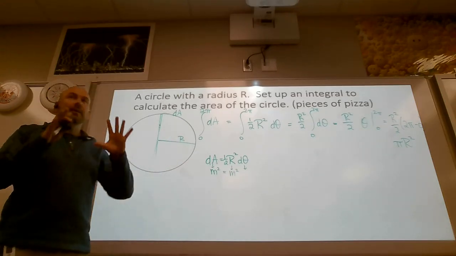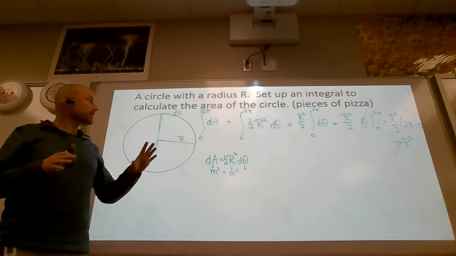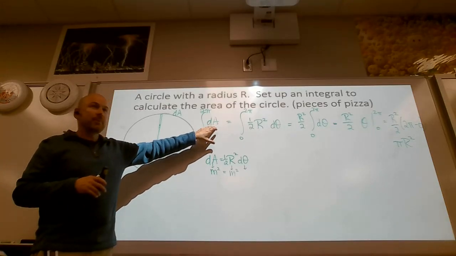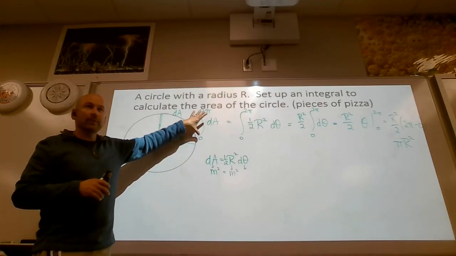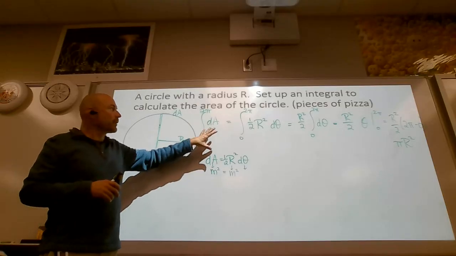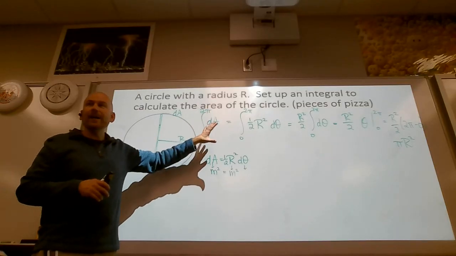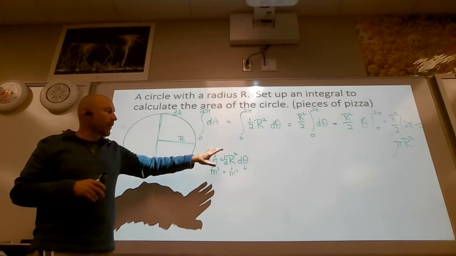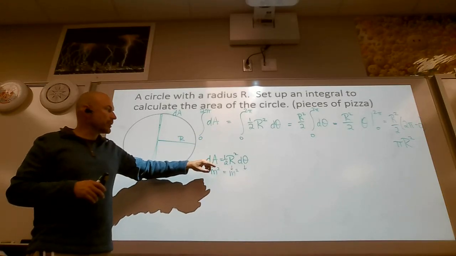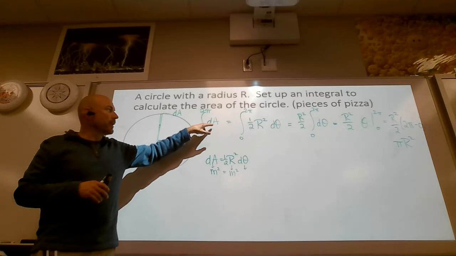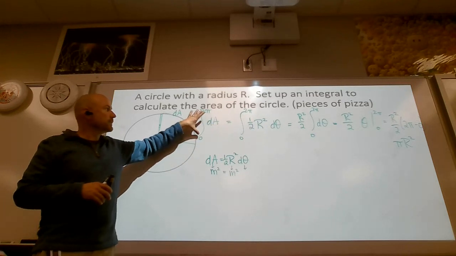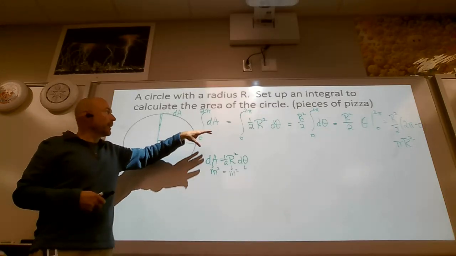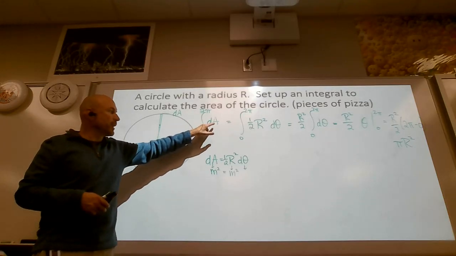Okay? Here's the takeaway. The unit of this has to match the unit of this. This is a correct statement, but I cannot evaluate it as it stands. So I need to make some kind of relationship between the measurement here and the measurements there. Either I need to change these or I need to change this.